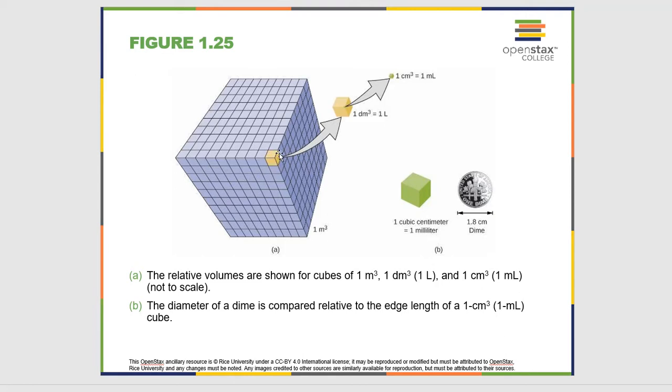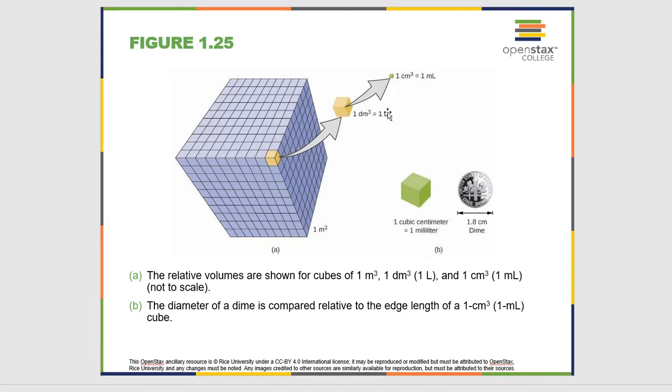This, I guess, is supposed to represent the 1 centimeter cubed. But 1 centimeter cubed is defined as a milliliter. 1 decimeter cubed is defined as a liter. And then a meter cubed would be multiple liters, okay, in volume.